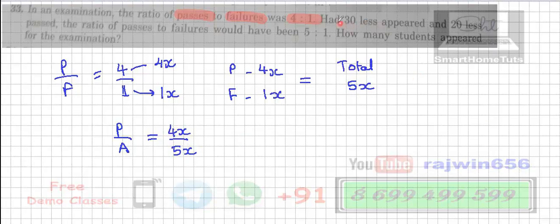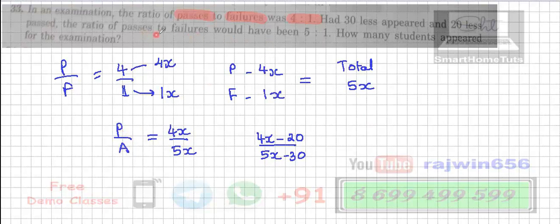Now I'm going to apply this condition. 30 less appeared, so number of appeared students is going to become 5x minus 30, and 20 less passed. Original number of passed students is 4x, so 20 less passed, so this is going to become 4x minus 20. Okay, then this is the ratio of pass upon appeared.